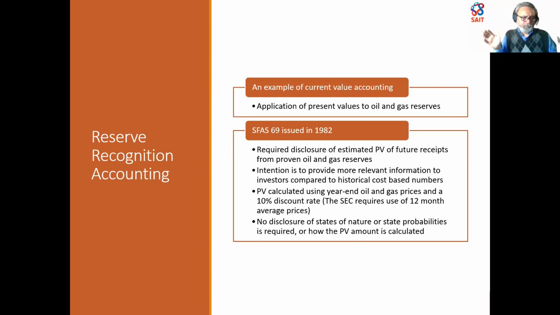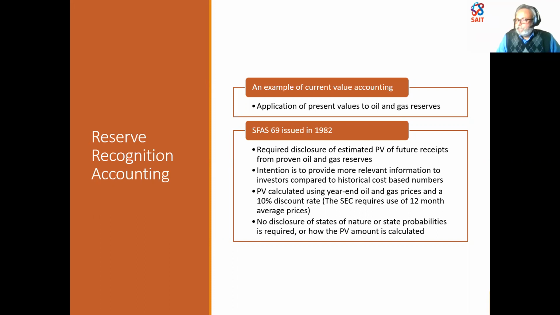All the companies in the US that report under SFAS 69, they have to use a discount rate of 10%. You might wonder, where did that 10% come from? Well, if the intent is to use the same yardstick for everyone, it doesn't matter whether you're using 10% or 8% or whatever. They came up with 10%, and 10% is what all companies must use.